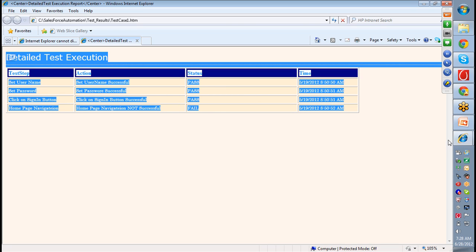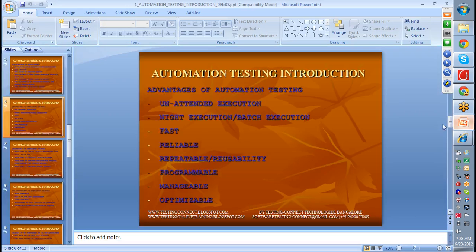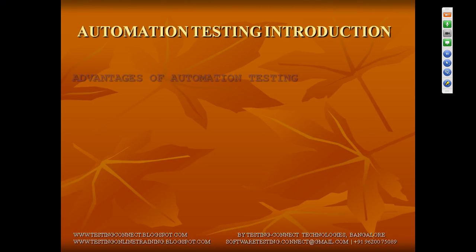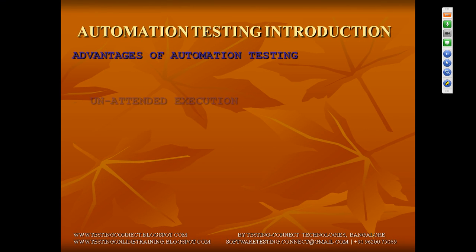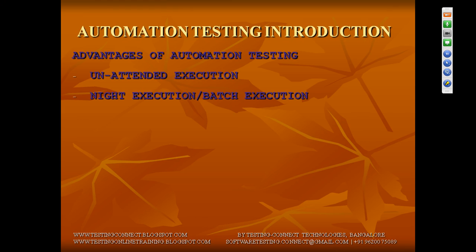This is the kind of results it will be generating while executing. You can consider this as unattended execution. Unattended execution means you don't touch anything manually; your automation framework takes care of each and everything.